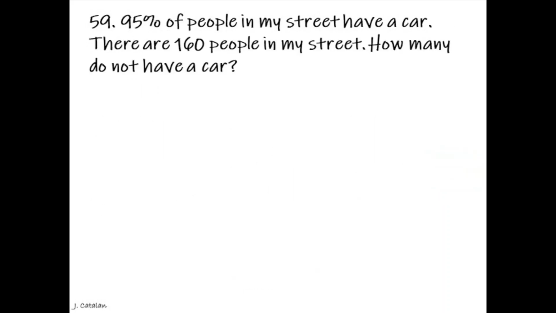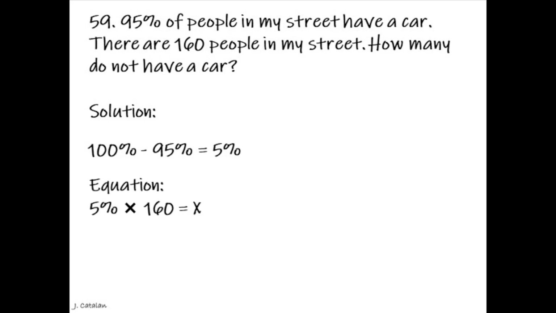95% of people in my street have a car. There are 160 people in my street. How many do not have a car? Solution: 100% subtracted by 95% is equals to 5%. Equation: 5% multiplied by 160 is equals to x.